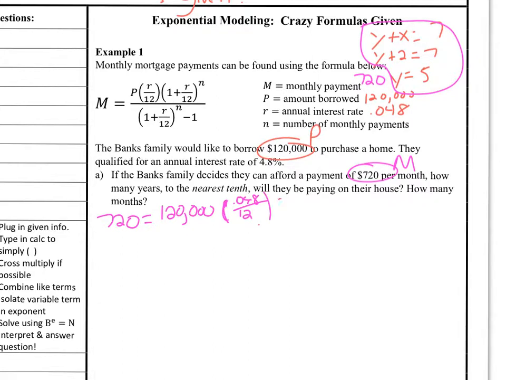And then we have to do 1 plus that to the power n. And it's all over, again, 1 plus the rate over 12 to the power n minus 1.